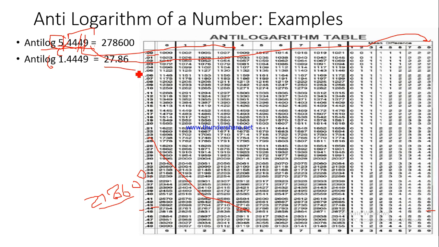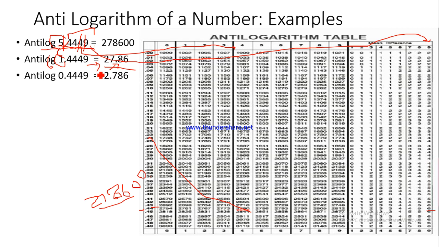Here also we find 2786, but since the characteristic here was 1, and when you add 1 to 1 it becomes 2, you'll have to insert the decimal after 2 digits from the left. So this time I have inserted the decimal here after 2 digits from the left. This is the direction in which you will be moving, not from the right hand. Don't make this mistake.